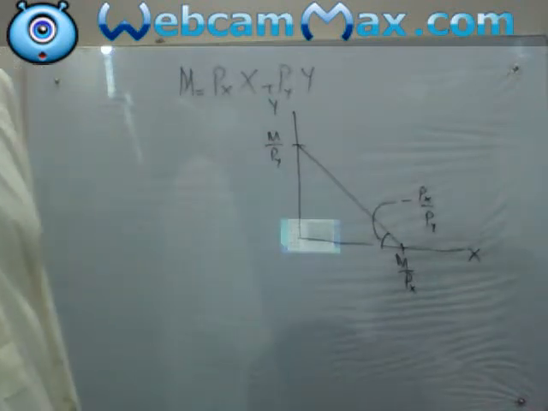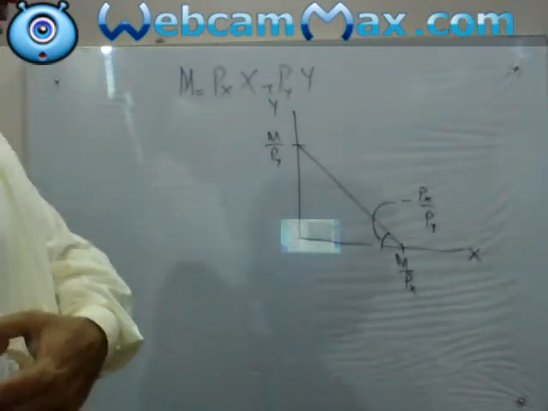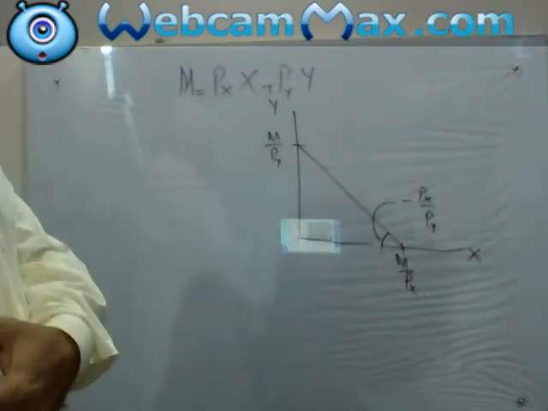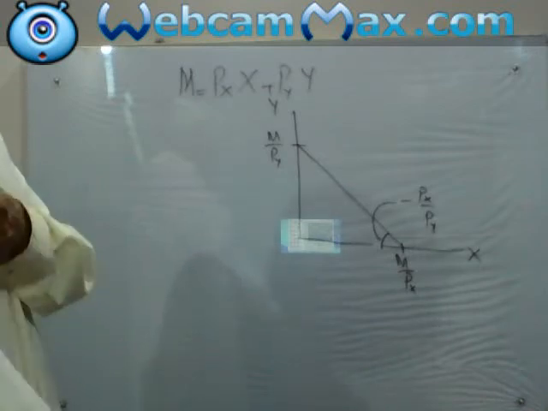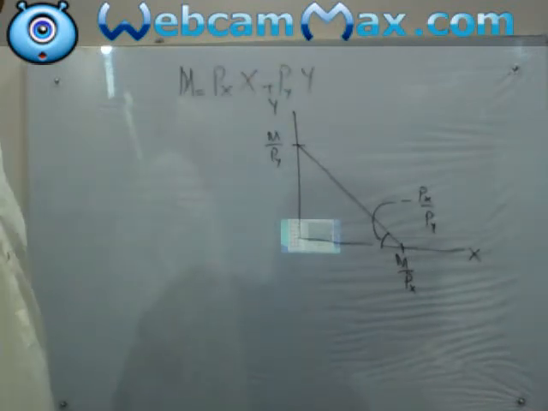So this budget line is obtained when income, price of x and price of y are given to the consumer.